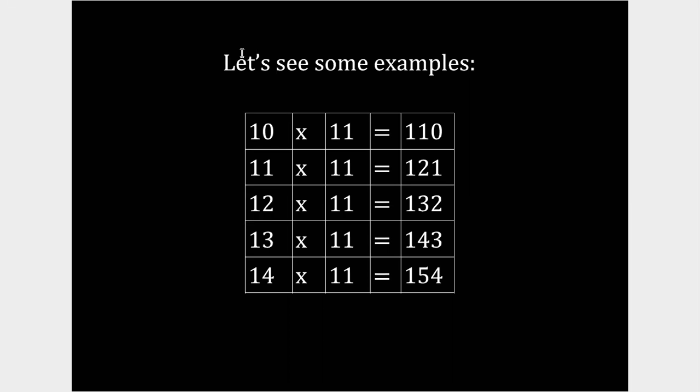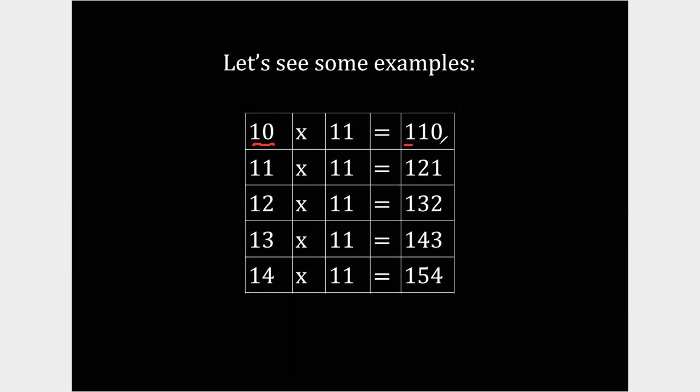Now, take a minute to look at these numbers, especially the relationship between the left-hand column and the far right-hand column, and try to see what patterns appear. If you look closely, you'll notice 10 and 110, 11 and 1 something 1, 12 and 1 something 2, 13 and 1 something 3, 14 and 1 something 4.